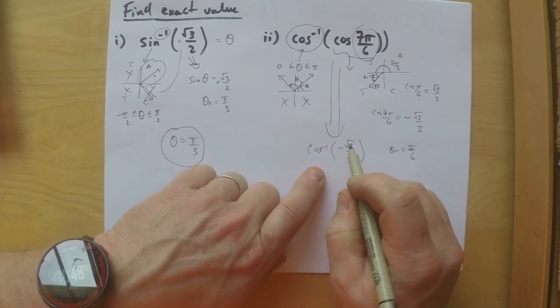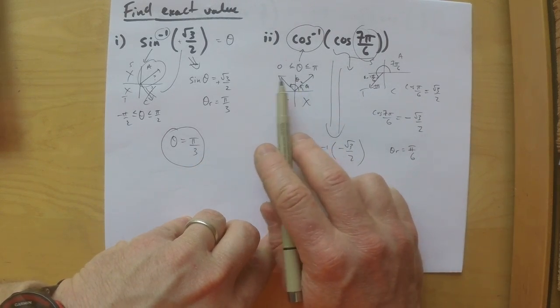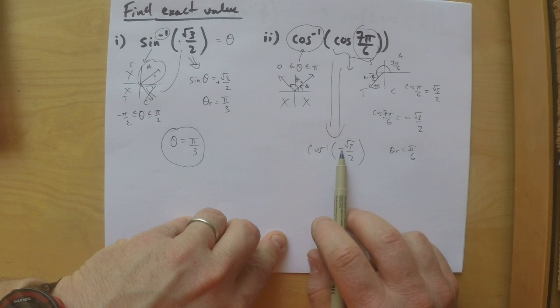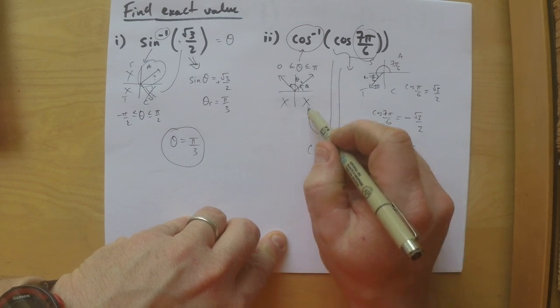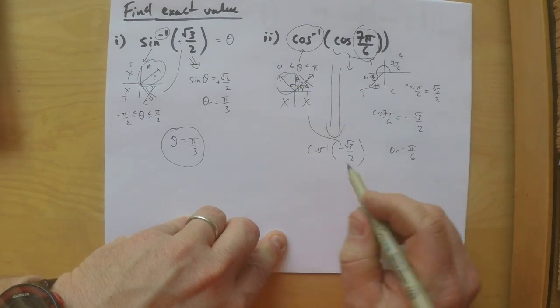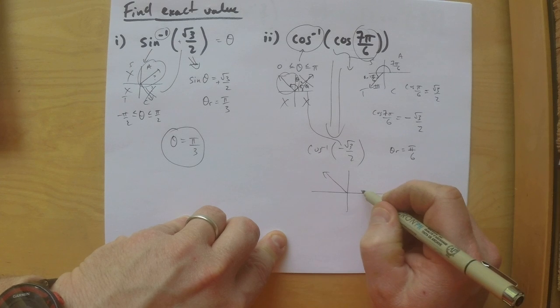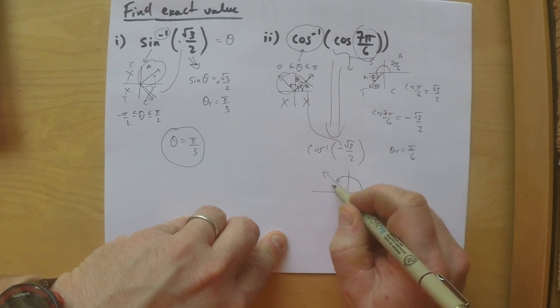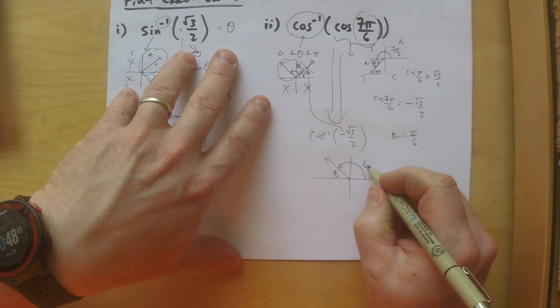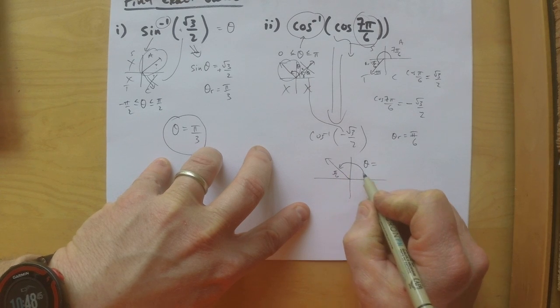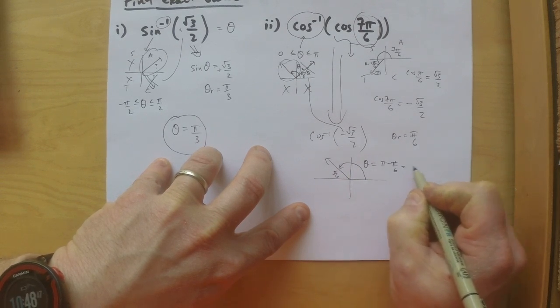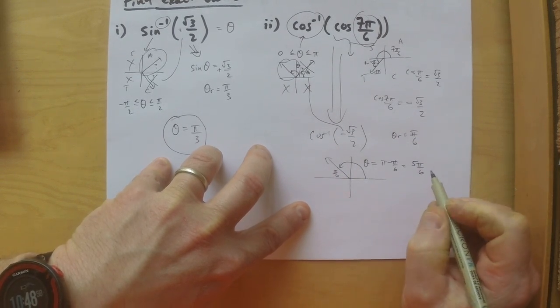But it's negative. Which one of these two quadrants spits out a negative ratio? And that right there tells me it's not this quadrant, it must be this one. So my answer must be here, where this is a pi over 6. The actual answer I'm looking for is this amount, which is pi minus pi over 6, which is actually 5 pi over 6.